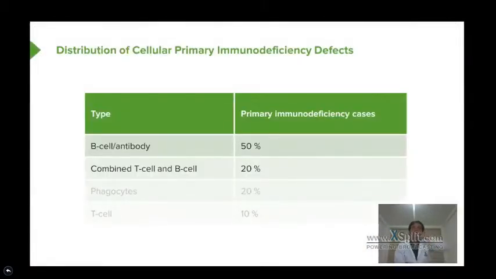Around about 20% are combined T and B cell defects. Approximately 20% affect the phagocytic cells. And around about 10% affect just the T cells without affecting other parts of the immune response.